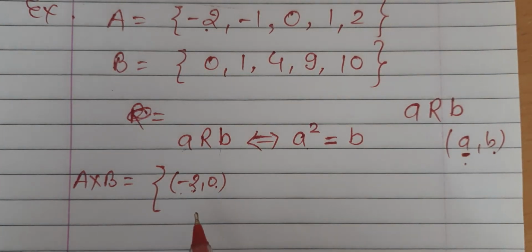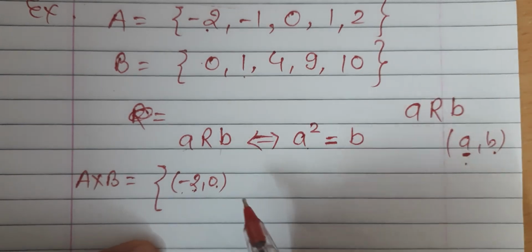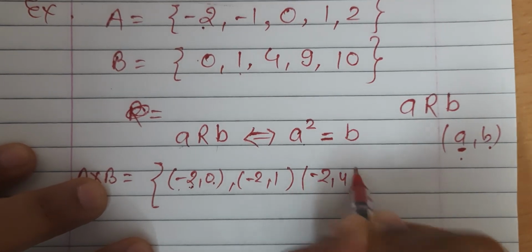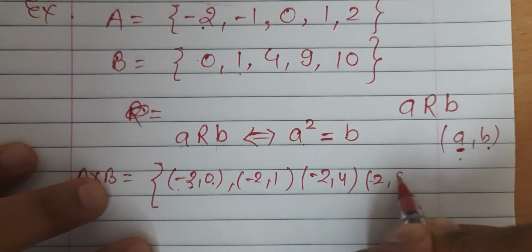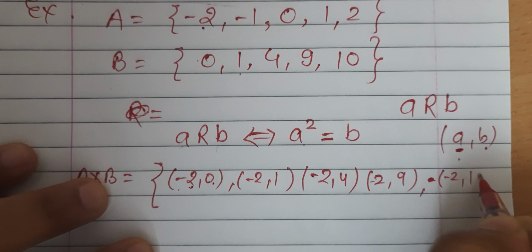Since we are doing it for the first time, we will write the Cartesian product first and then the relation, which means we'll use the long method. Minus 2 comma 0, minus 2 comma 1, minus 2 comma 4, minus 2 comma 9, minus 2 comma 10.